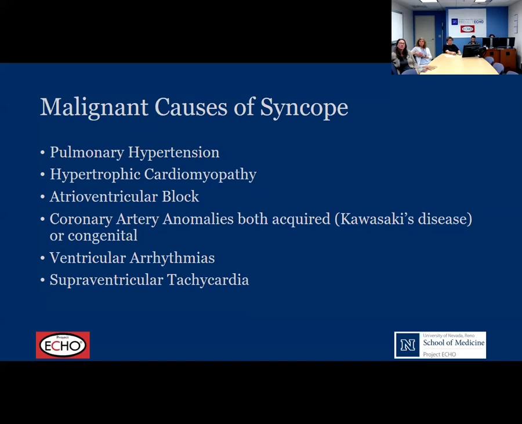Hypertrophic cardiomyopathy is also something, particularly in the athlete, that they can present with. Since hypertrophic cardiomyopathy means the ventricles are severely thickened, they do not have enough coronary blood flow to result in good perfusion of the heart, and particularly when they're exercising, they can have a syncopal episode, or often an aborted or a true sudden death.